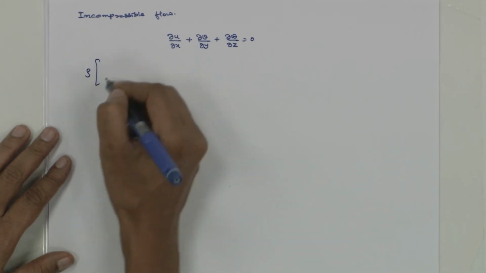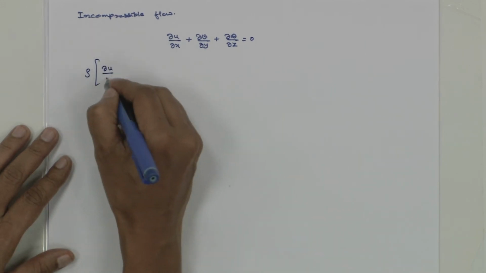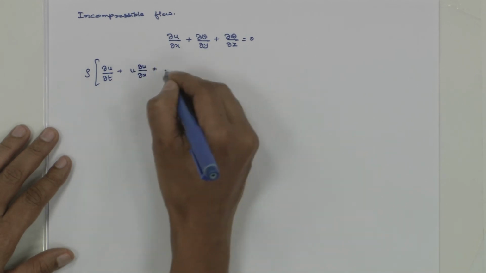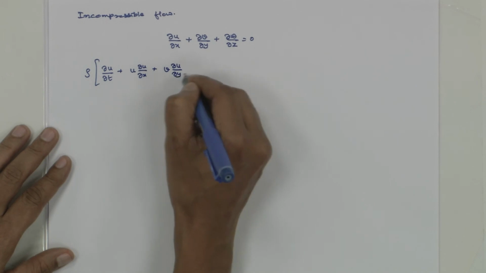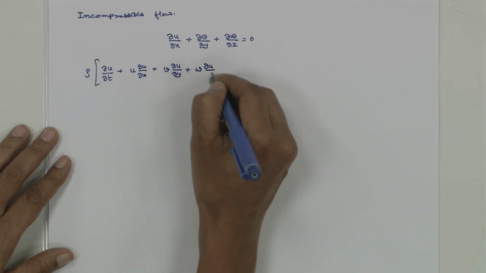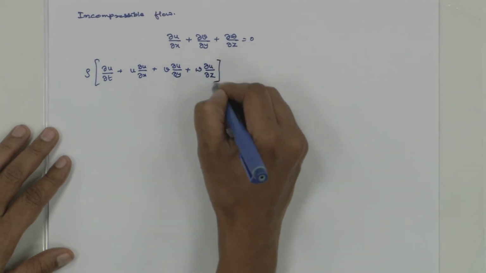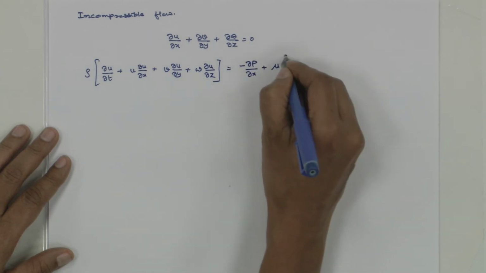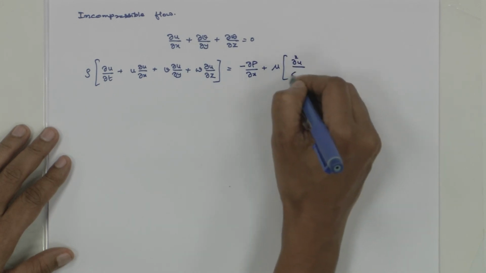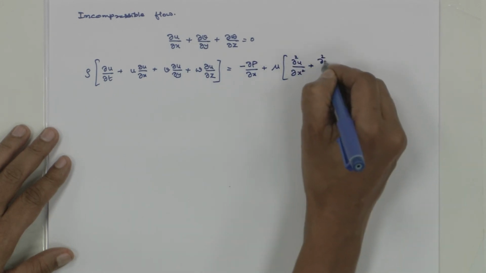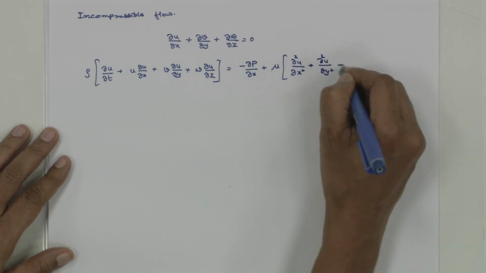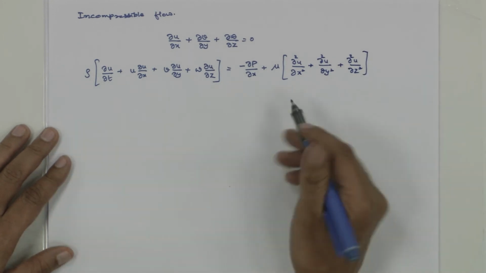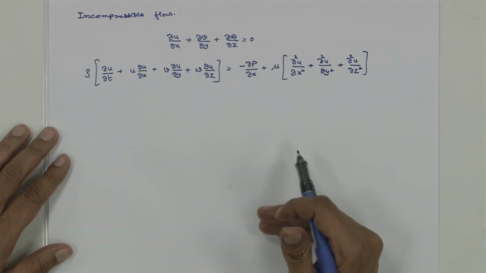Then the x momentum equation: rho times del u by del t plus u del u by del x plus v del u by del y plus w del u by del z is equal to minus del p by del x plus mu times del squared u by del x squared plus del squared u by del y squared plus del squared u by del z squared. You can write like this for the y and z momentum equations.